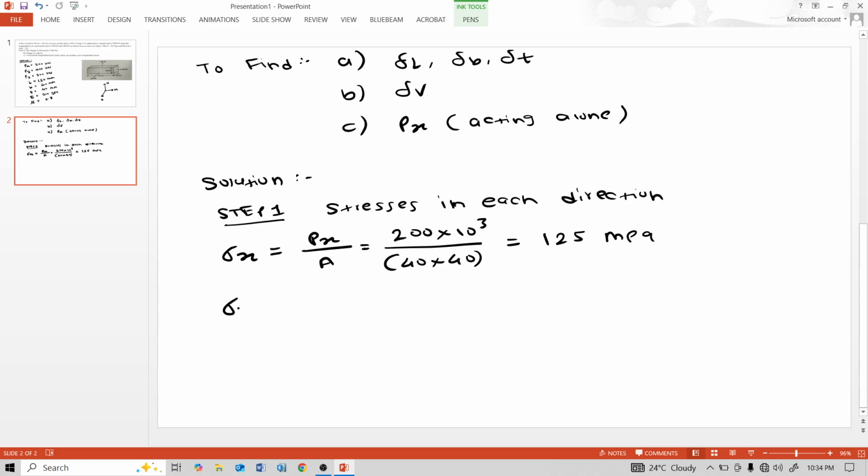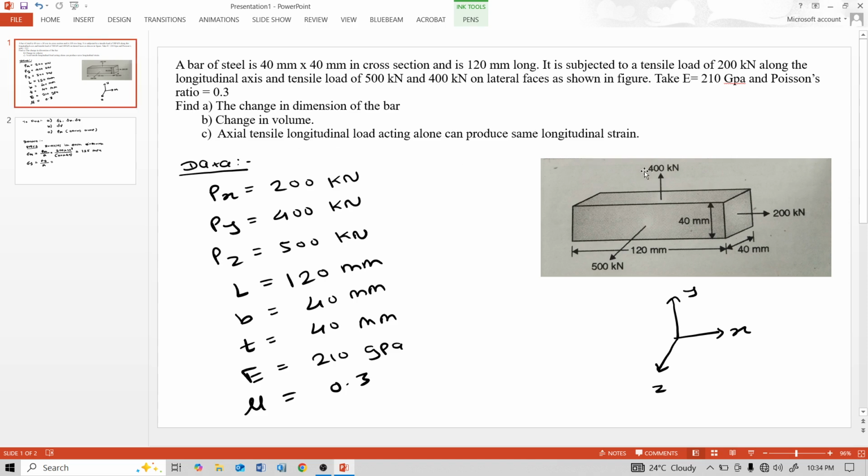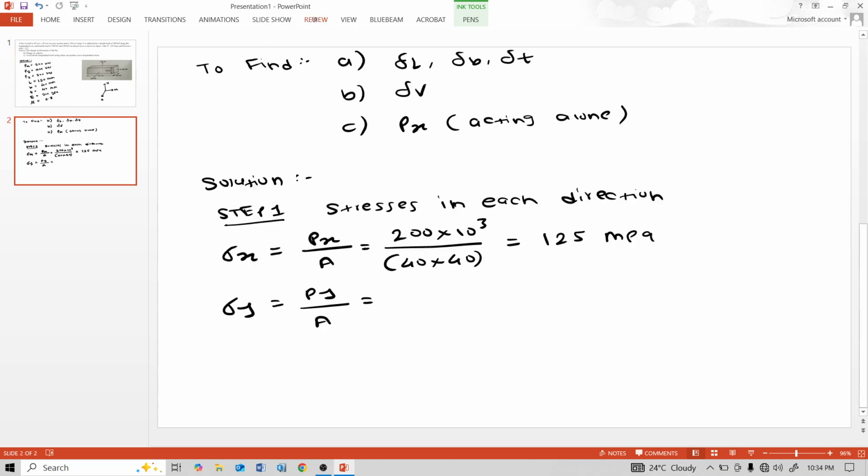Now stress in y direction, Py upon area. Stress in y direction is 400 kilonewton, 400 into 10 raised to 3, divided by area.